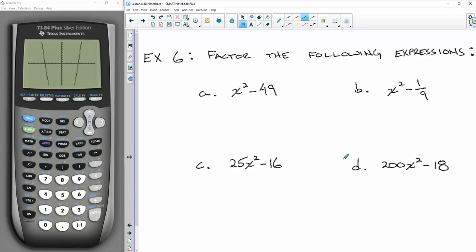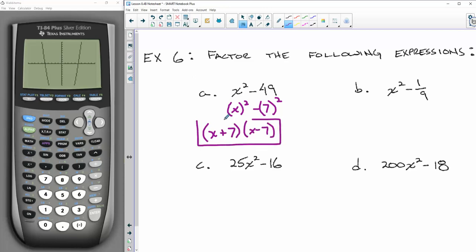Factor these expressions. All right, let's see. Whenever I see a perfect square minus a perfect square, I'm thinking that it's going to fit the sum and difference pattern. So this is x squared minus 7 squared, isn't it? Then I can write it as x plus 7 times x minus 7. Let's check it out.